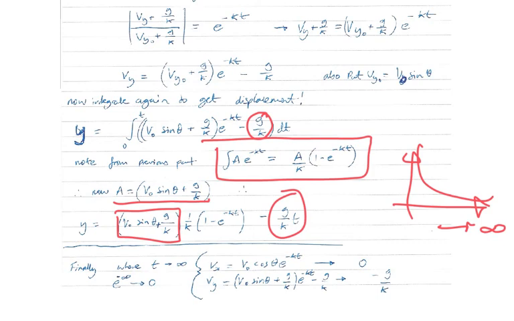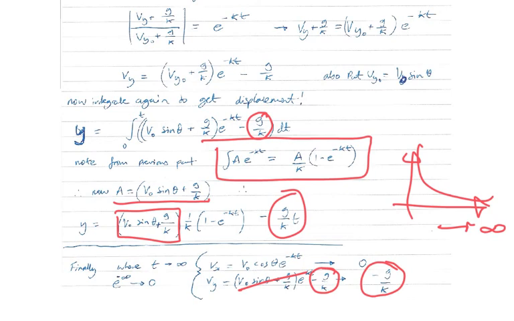Whereas in the y direction, again, this first term has a minus exponential, so that's going to go to 0, but you're left with this term. And crucially, this is the terminal velocity. The terminal velocity is then minus g divided by the constant k. And it makes sense that if you fire this projectile, I'll just sketch it again here.